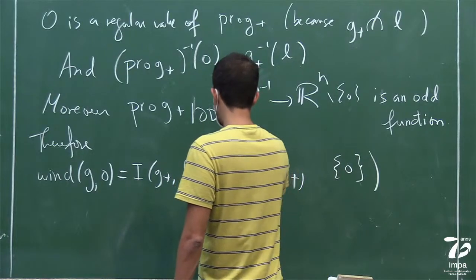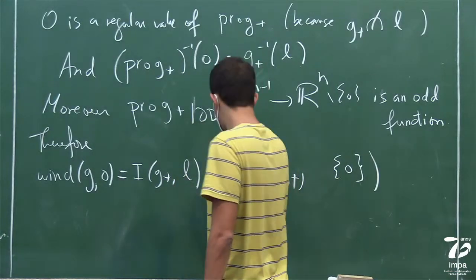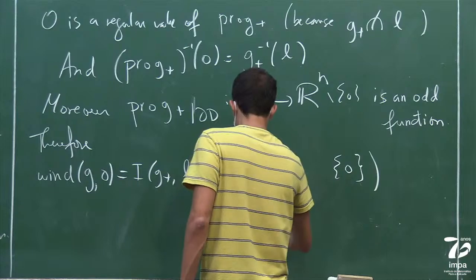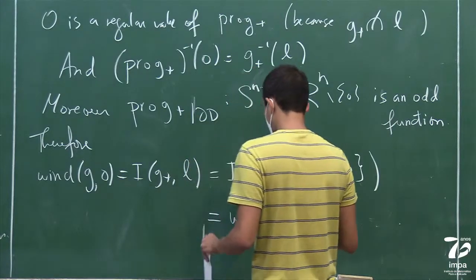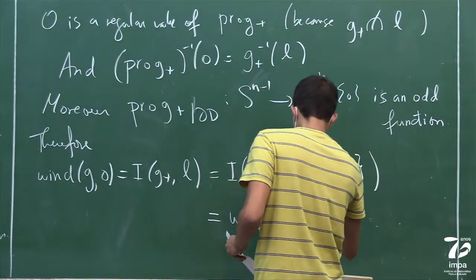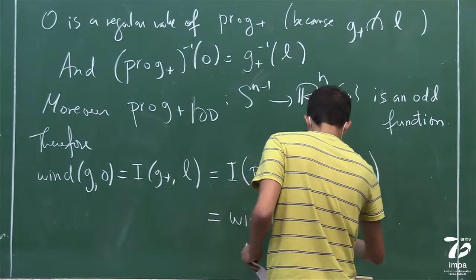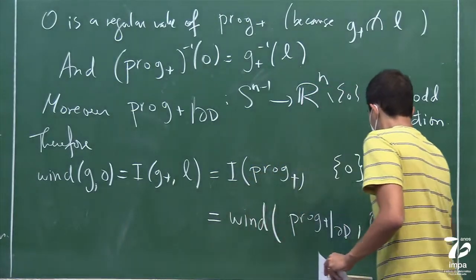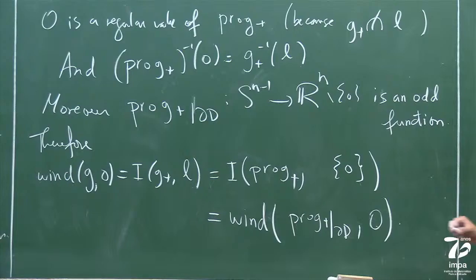No, sorry, this is what we have from this equality. And from the proposition, we have that this is the winding number of this function restricted to the boundary of D with respect to 0. There you go. So this is by the proposition.